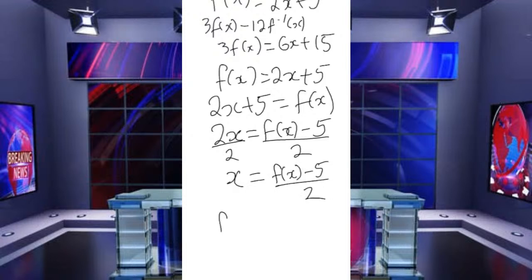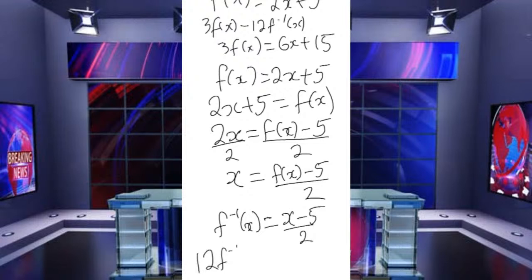For the inverse function, wherever you see f of x, you replace it with x. It's just x minus 5 over 2. So the inverse function of f of x equals 2x plus 5 is the same thing as x minus 5 over 2. That is the inverse function. So now we go to 12 times the inverse function.